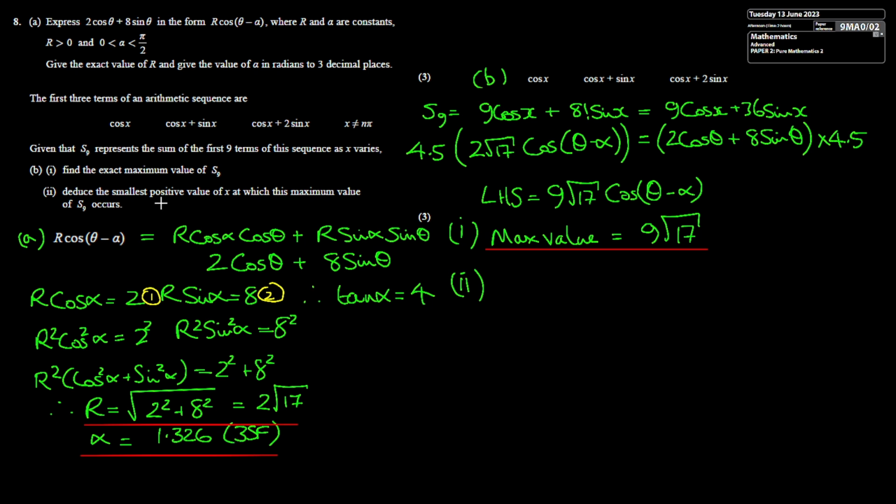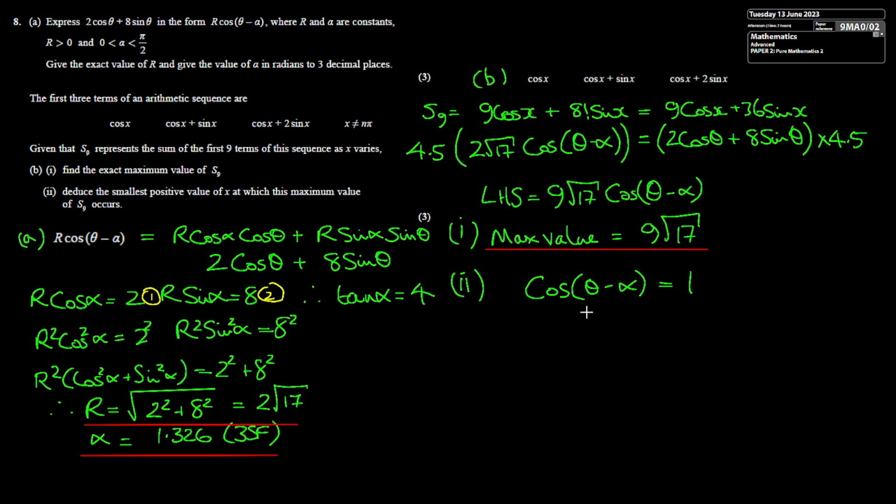We've been asked to deduce the smallest positive value of x, yes, we're in x rather than theta now, at which this maximum occurs. Well, it occurs when cos(theta minus alpha) equals 1. Yes, I'm still using theta. I know the new sequence has got an x in it, but that shouldn't matter.